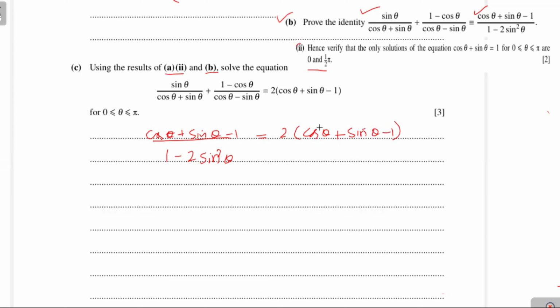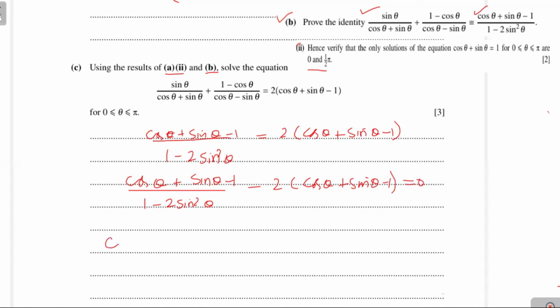And we shift the right value from right to left side. Now cos theta plus sin theta minus 1 over 1 minus 2 sine square theta minus 2 into cos theta plus sin theta minus 1 equal to 0.